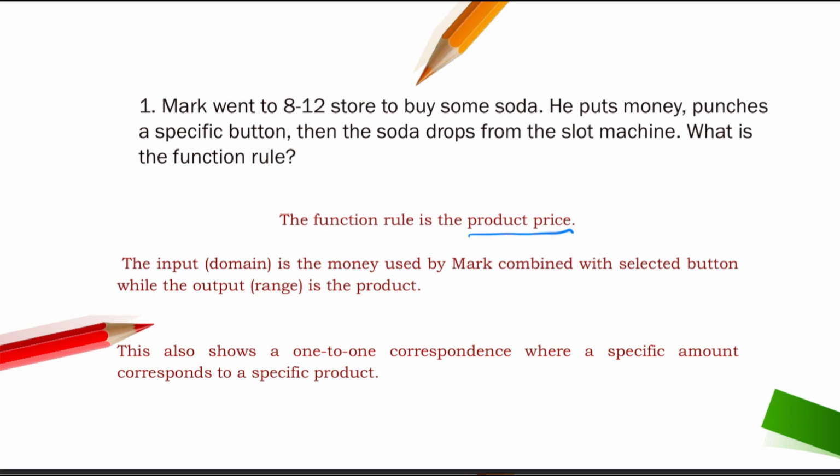Now, the input or the domain is the money used by Mark, right? Combined with the selected button, while the output or range is the product. This also shows a one-to-one correspondence, or a specific amount corresponds to a specific product. So therefore, the function rule is the product price.